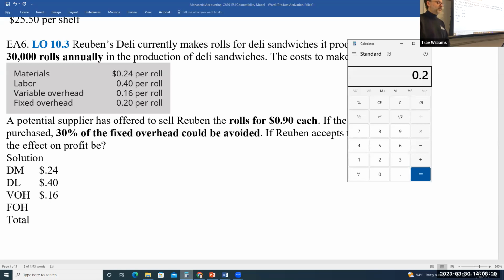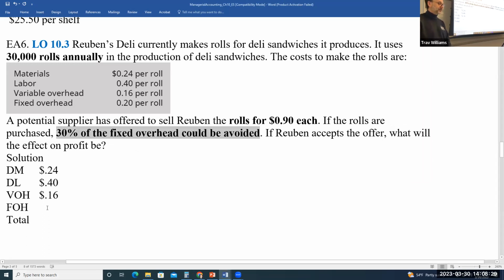Normally 20 cents of fixed overhead, 30% of that can be avoided. So we just multiply it by 30%. And yes, it comes out to 6 cents. So that's the part we want to factor into our calculation.